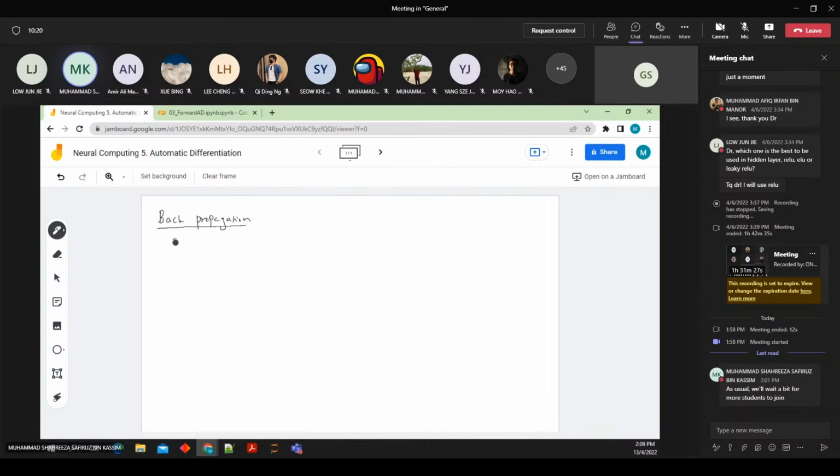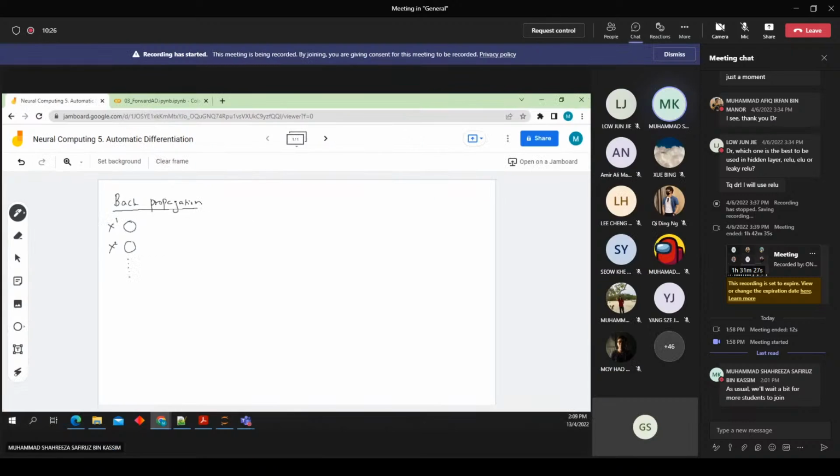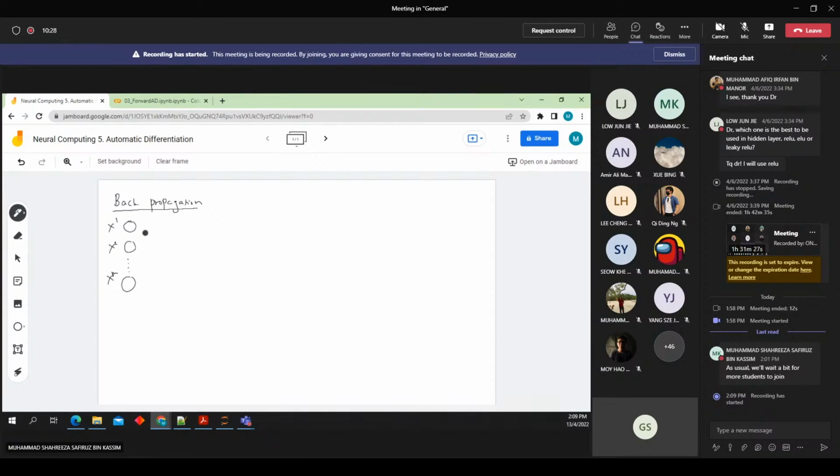Remember that we have the neurons here, the single layer perceptron. I gave an example, and then the usual stuff.